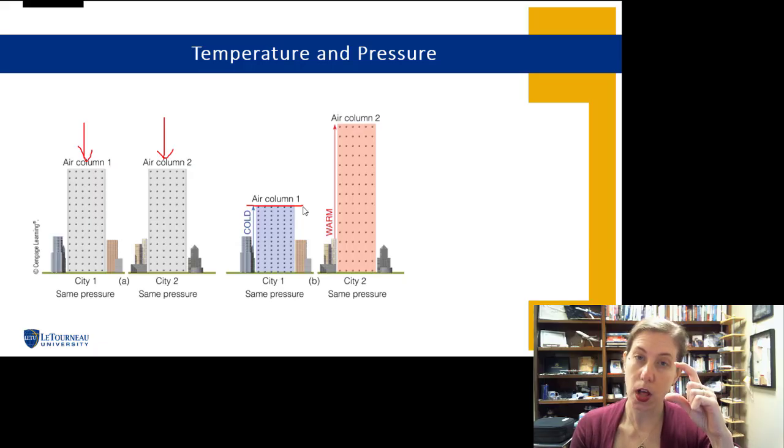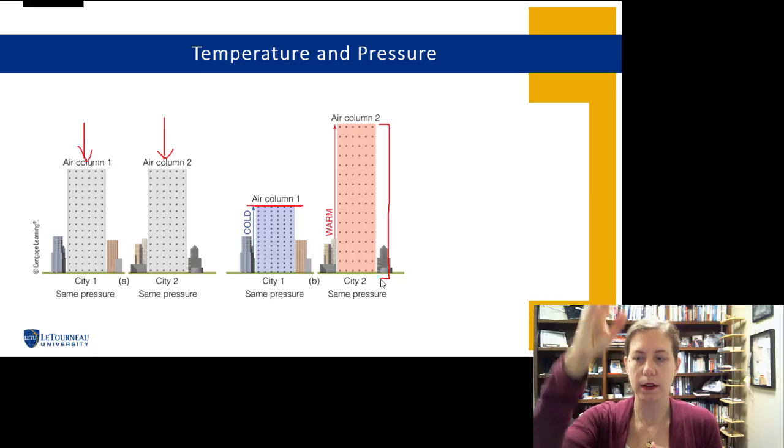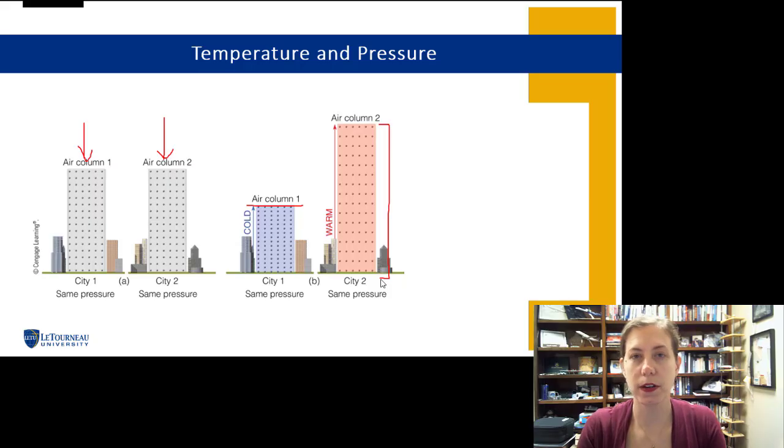It's not as tall because that air has gotten colder and contracted in size. In city number 2, we have a larger column because that air has expanded. The air molecules are farther apart.